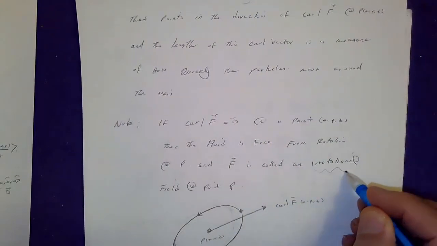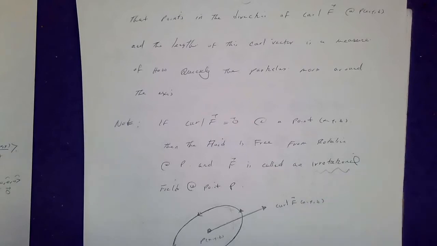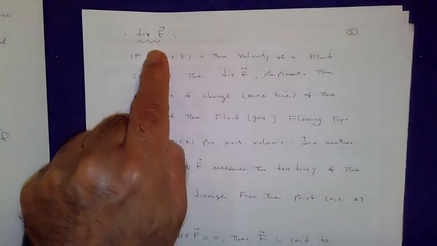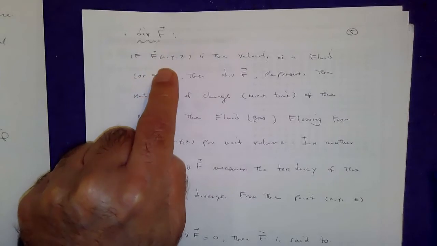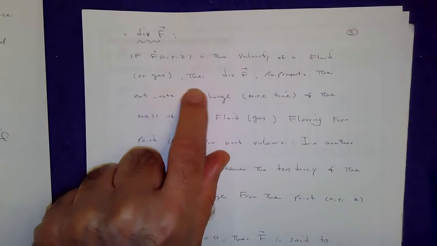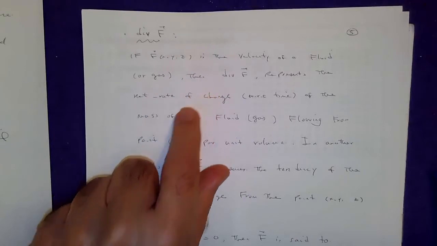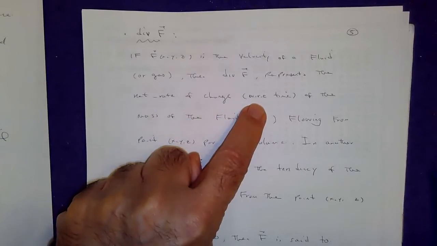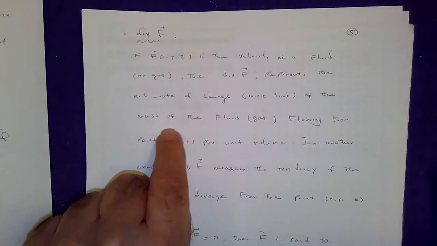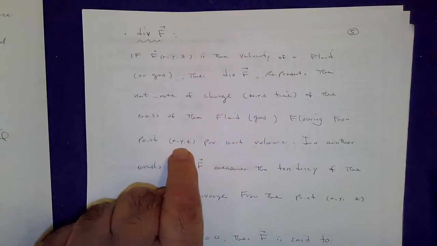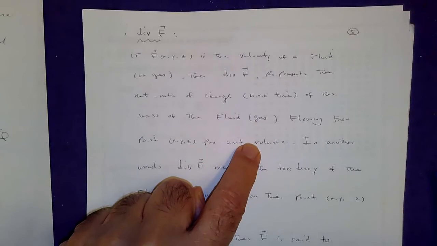The fluid is called irrotational fluid. So it has no rotation. So the question is, where does the divergence come from? If F is the velocity of a fluid or gas, then the divergence of F represents the net rate of change with respect to time of the mass of the fluid or gas flowing from the point (x, y, z) per unit volume.